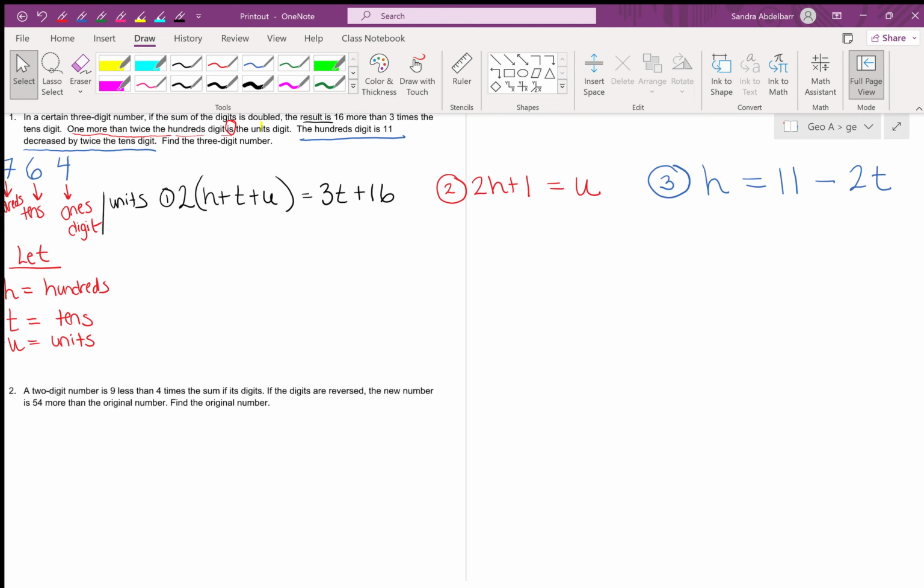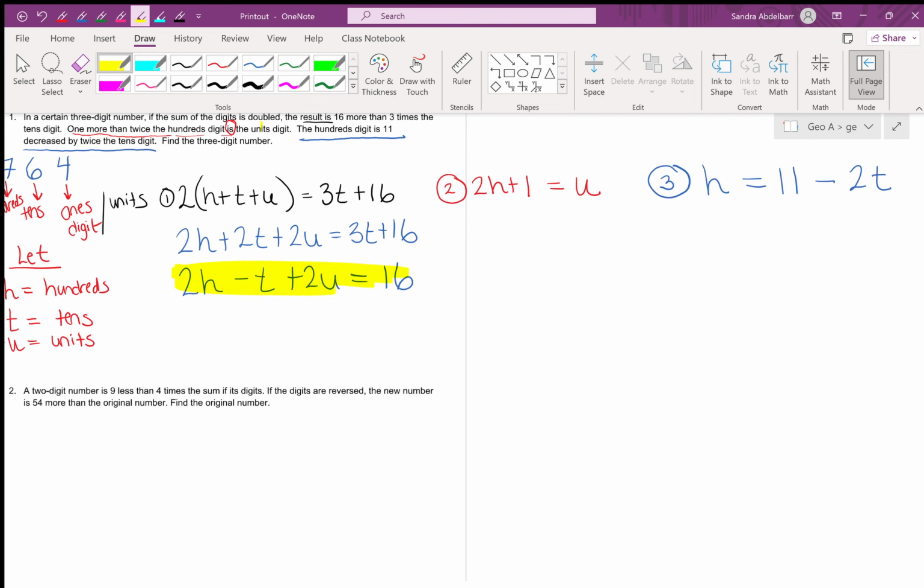So let's go through this and let's distribute in that too. So we're 2h plus 2t plus 2u equals 3t plus 16. I'm now going to subtract the 3t. When I subtract the 3t, we get 2h minus t plus 2u equals 16.